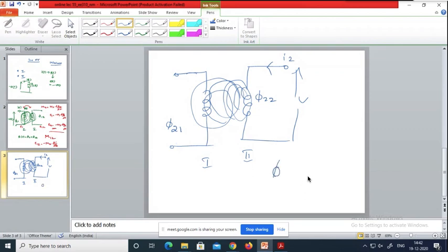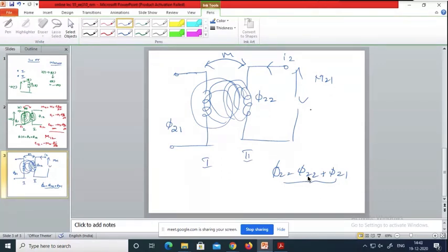Therefore phi2 is equal to phi22 plus phi21. So this is how a flux linkage happens. And due to this, there exists some imaginary term that is called mutual inductance. As before, you can write it as M21 or M12. Here I'll denote it as M21.